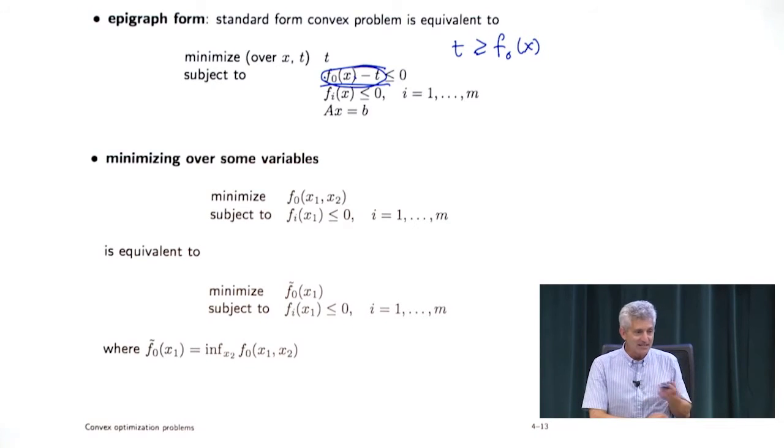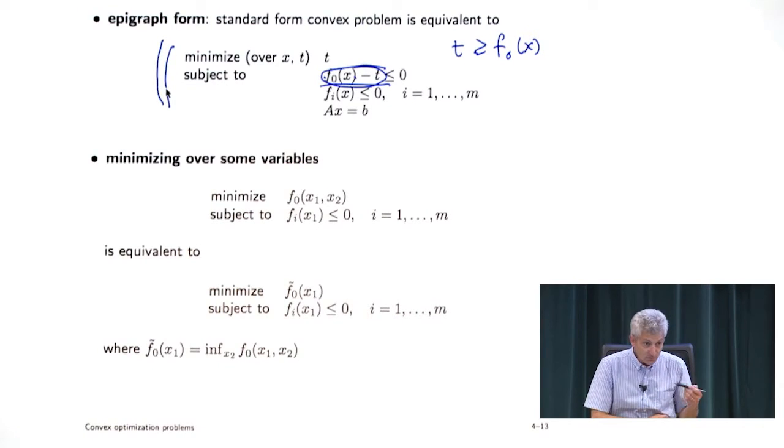You could turn this around and say that if you solve this problem over x and t, then at the solution, t is equal to f0 of x, period. If it weren't, then the person who alleged to solve it is a liar. So that's the idea.